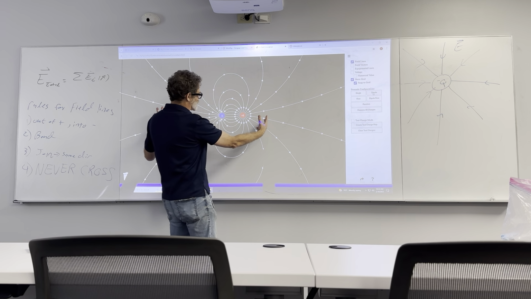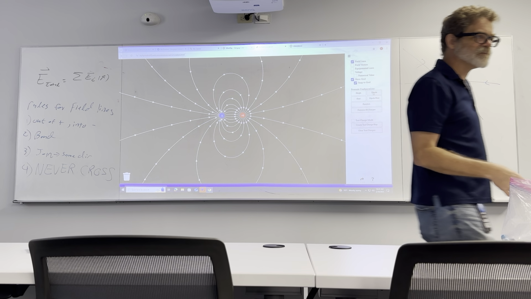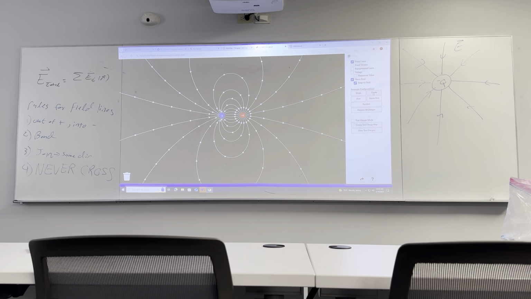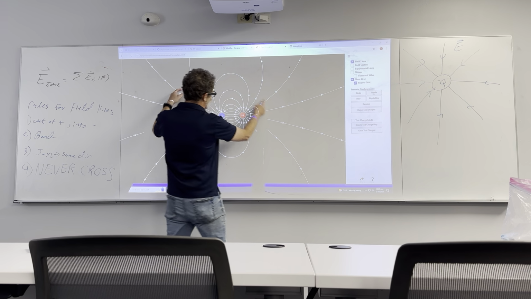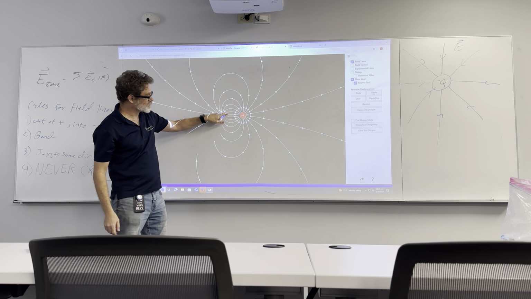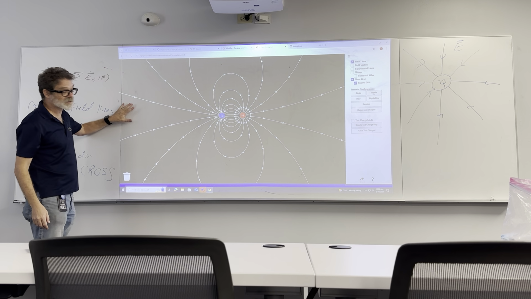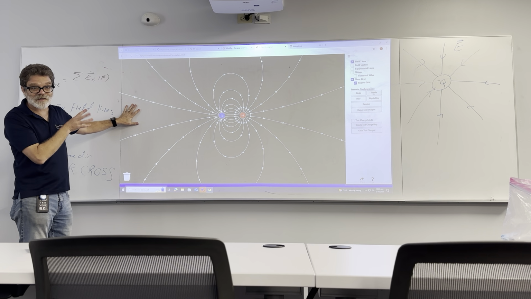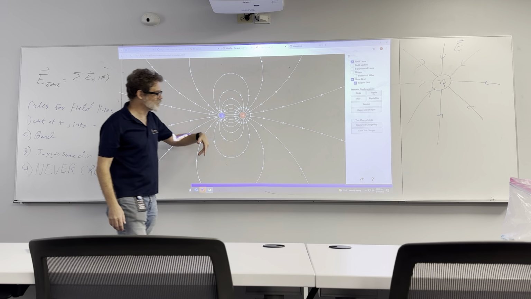So the field lines were apart, sticking out this way and coming this way, and then as you bring them together, they join up. And notice, in here I have a very strong field in between the dipole. But out here, it's weaker. We're going to work out all the mathematics of the dipole in a minute. But this is the dipole configuration.